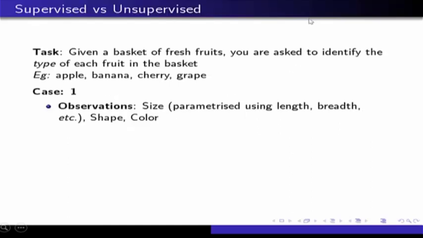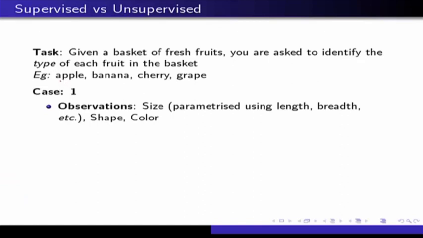So recall that we very briefly introduced the concepts of supervised and unsupervised learning. Today we'll further illustrate these concepts with examples. Suppose you are given a basket of fresh fruits and you are asked to identify the type of each fruit in the basket.